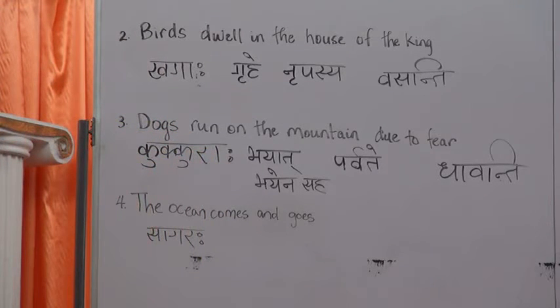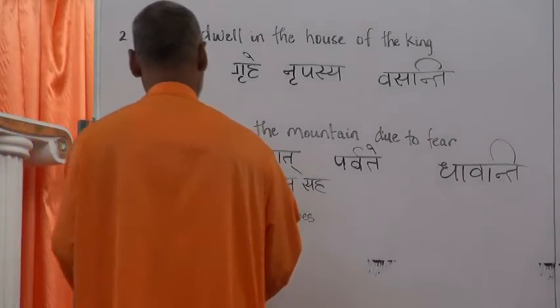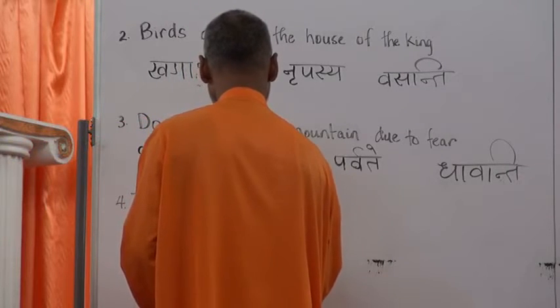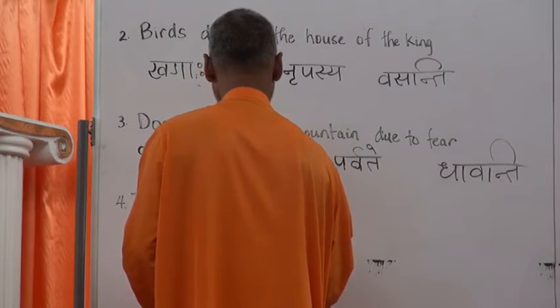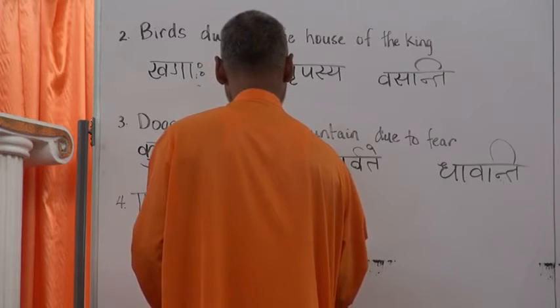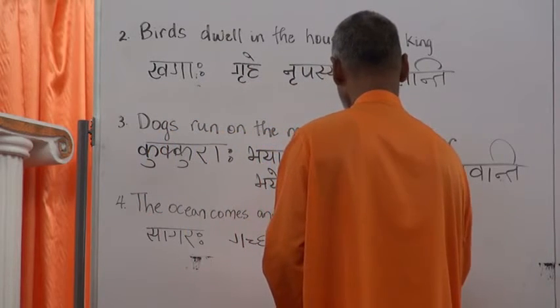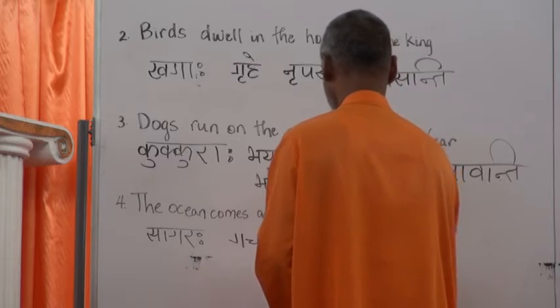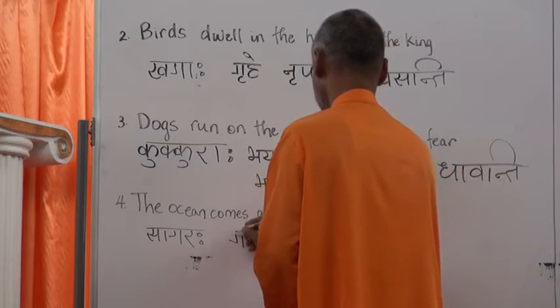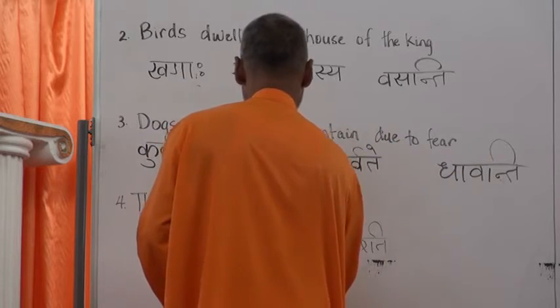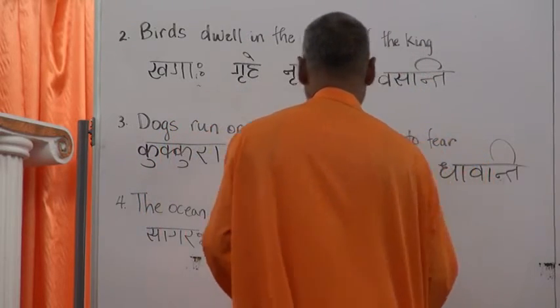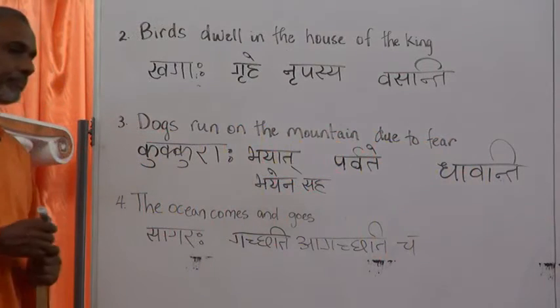Comes and goes. So the word for come is agacha. So it is agachati, gachati, agachati. Gachati, agachati cha, like that.